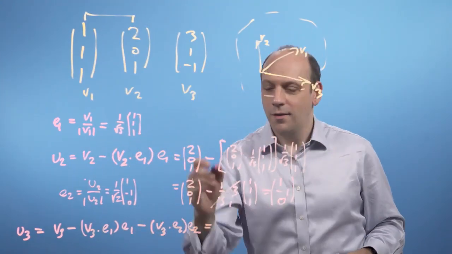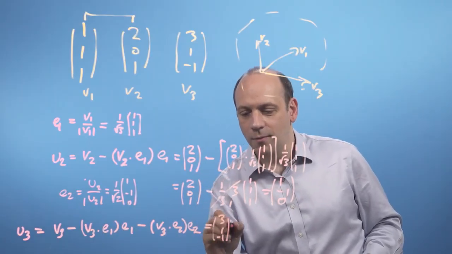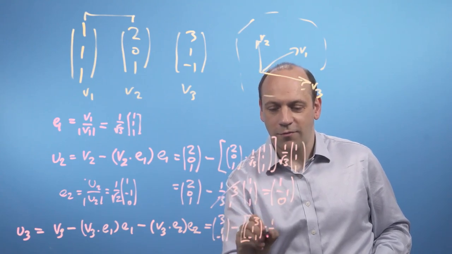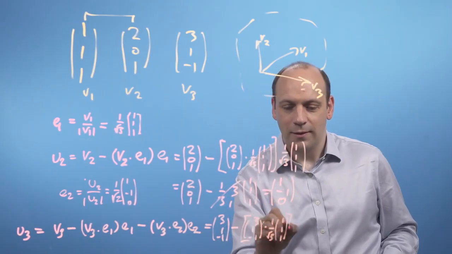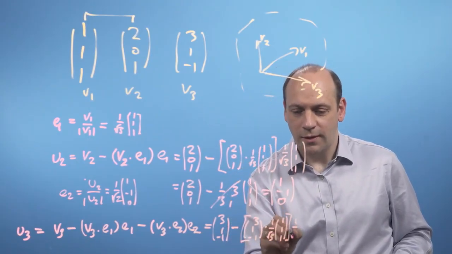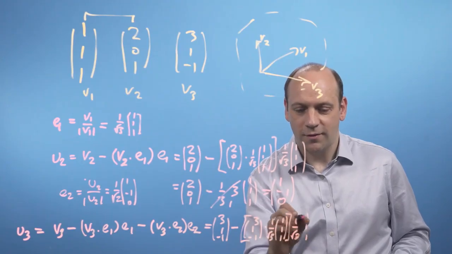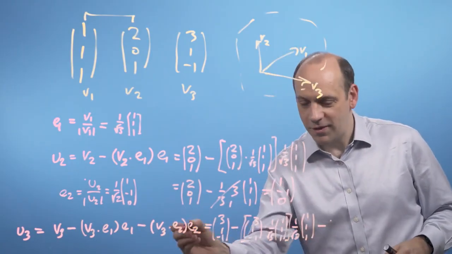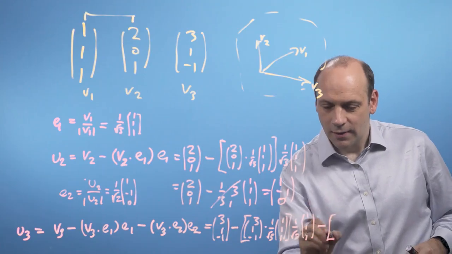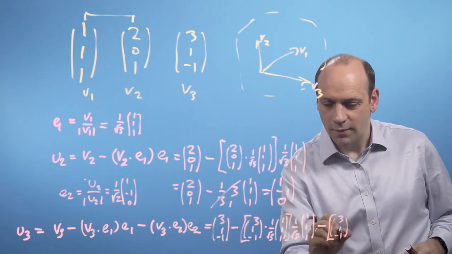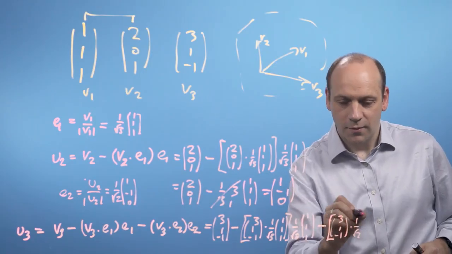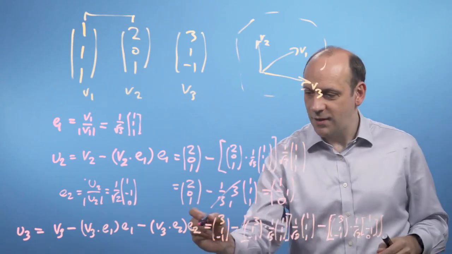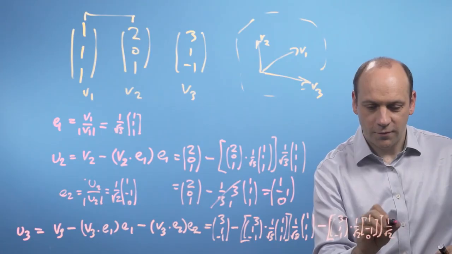So that's going to be (3, 1, -1) minus (3, 1, -1) dotted with 1 over root 3 (1, 1, 1), and that's a number, and it's going in the direction of the unit vector e1, minus v3 dotted with e2, so that's (3, 1, -1) dotted with 1 over root 2 (1, -1, 0), times e2, which is 1 over root 2 (1, -1, 0).